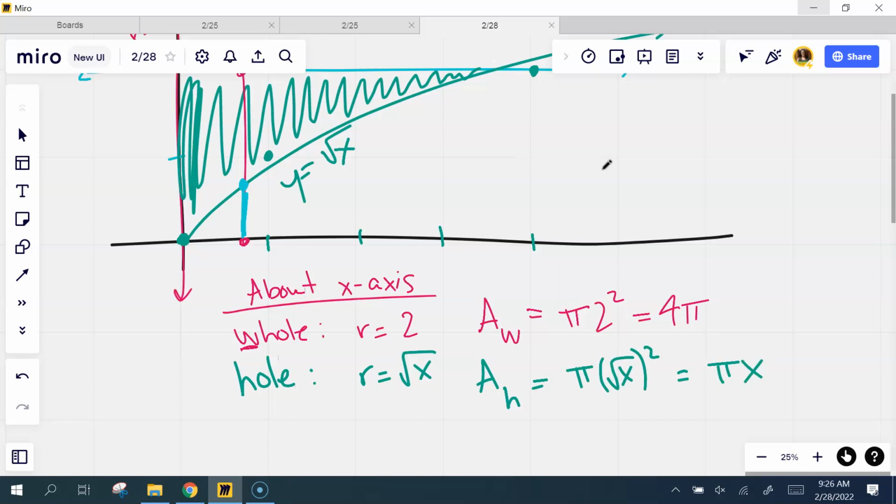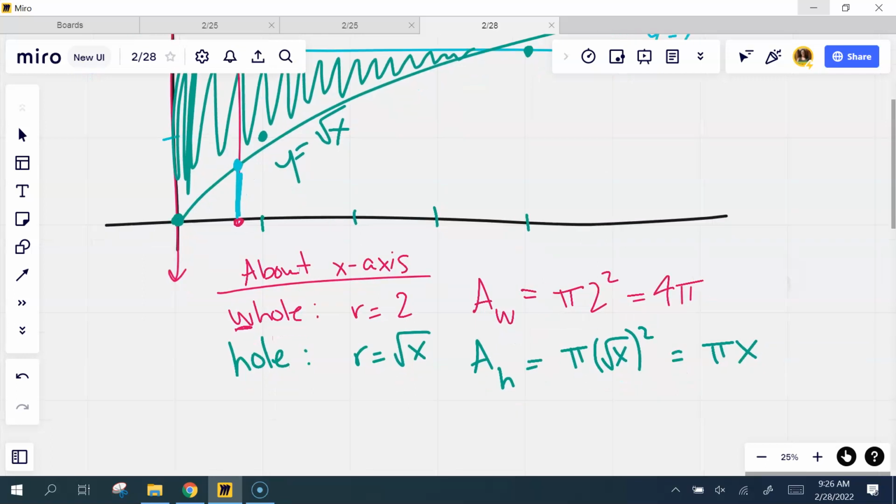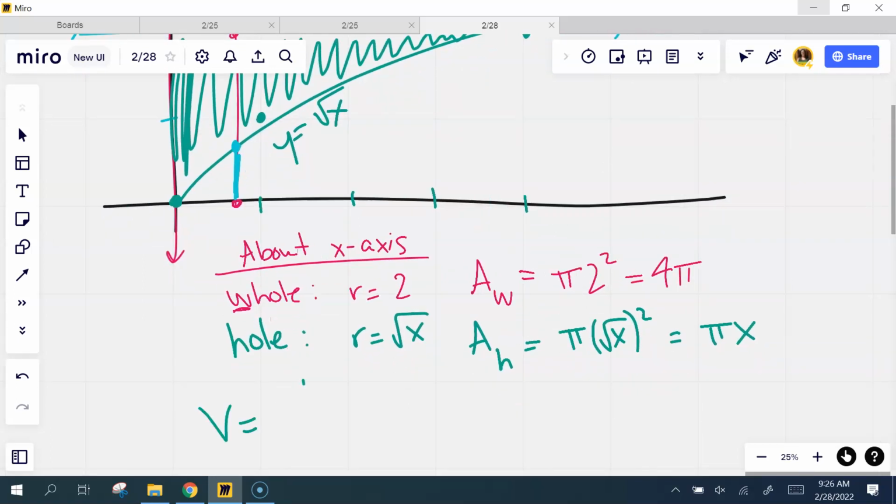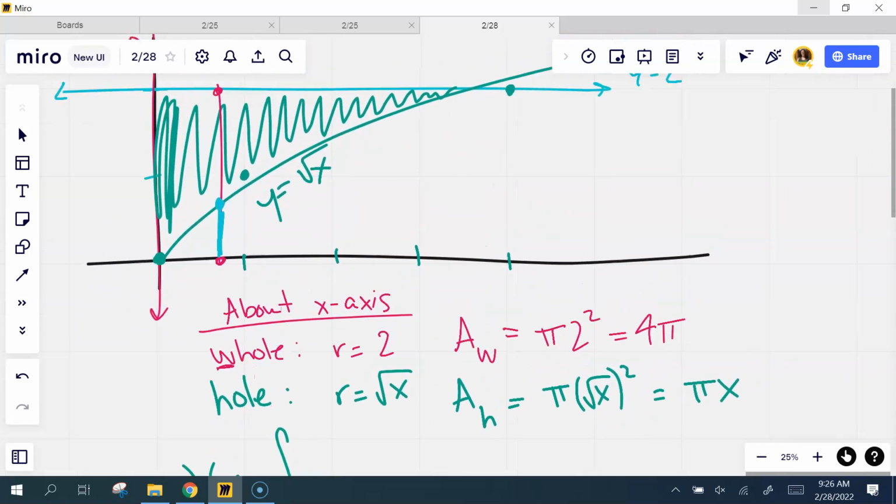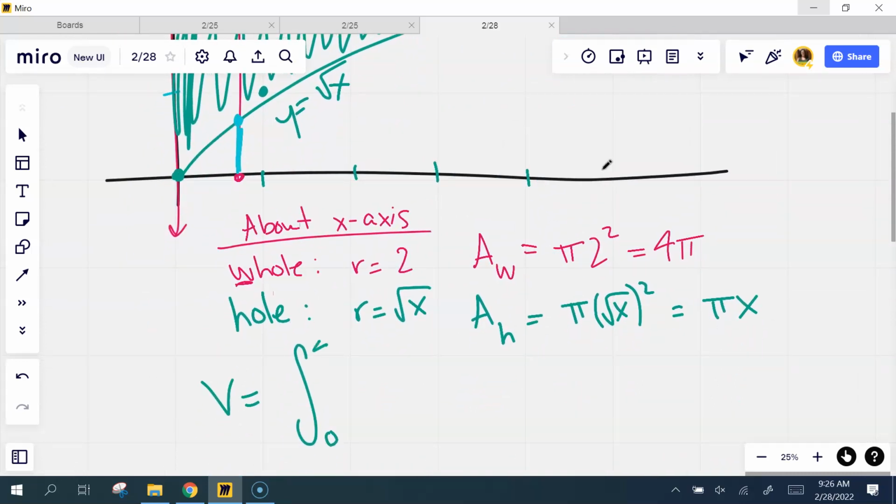So to find the volume, I go from 0 to 4, because that's where they intersect. I'm going to throw that pi outside, because everybody's got a pi, so put the pi outside and leave it alone.